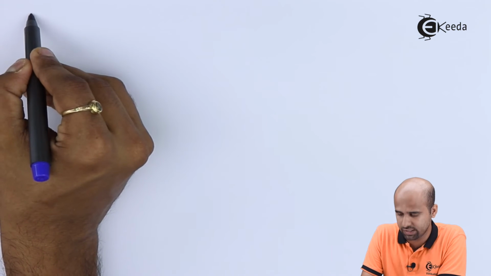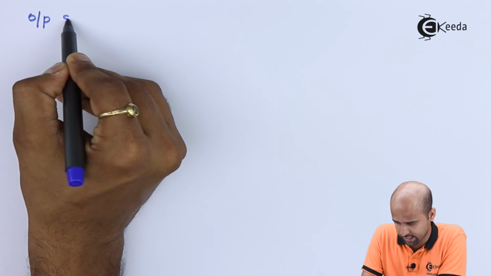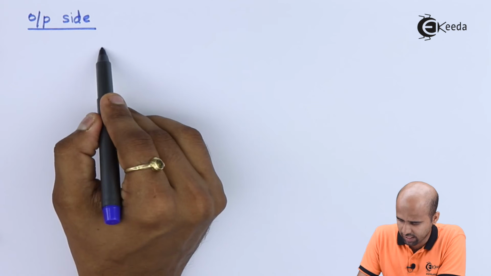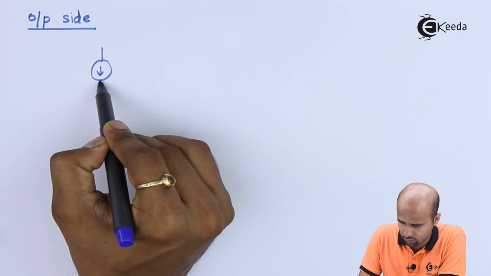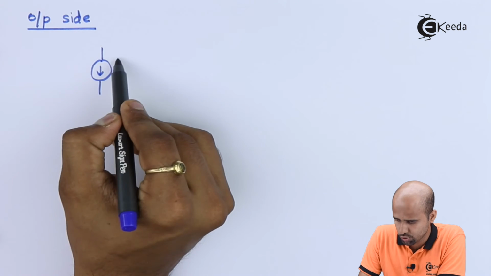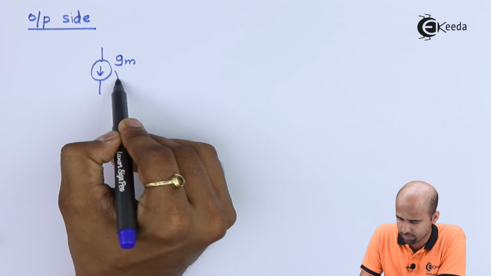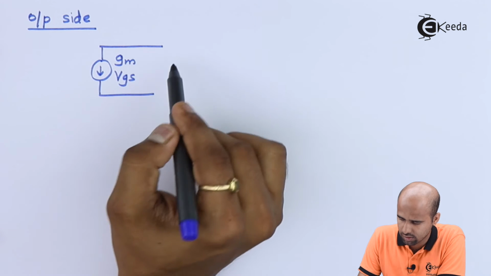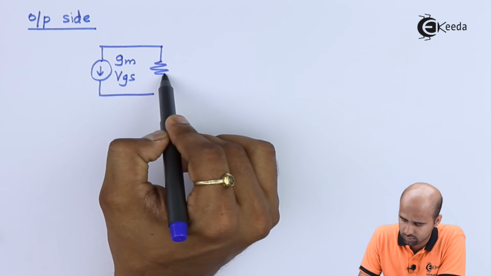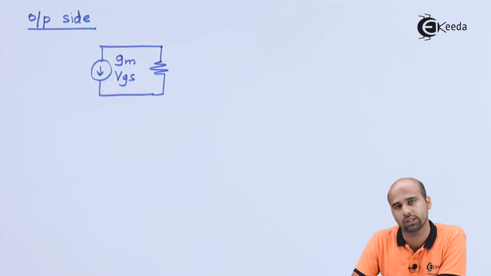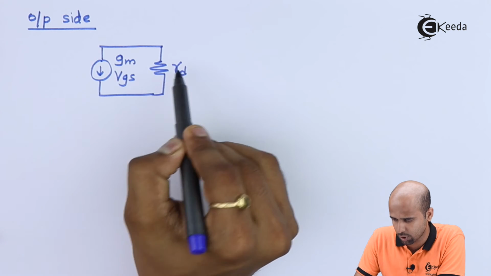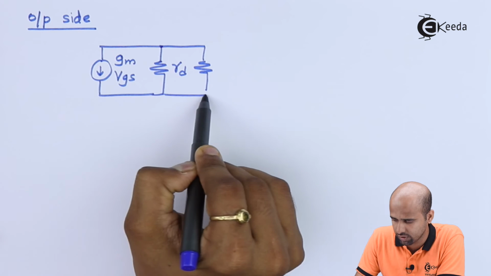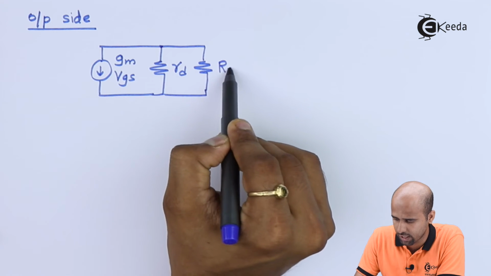Then we will investigate the circuit at the output side. At the output side we have one current source which is gm into VGS. Here we have one resistance, that is small rd. Again one resistance which is in parallel with small rd, that is capital RD.